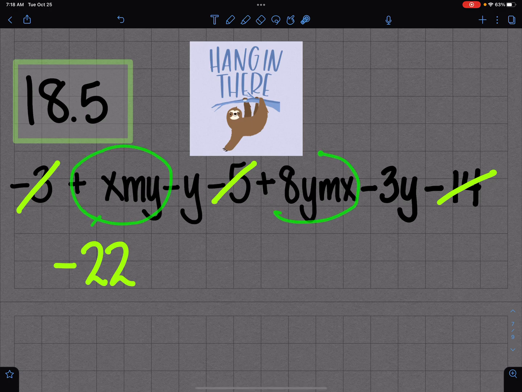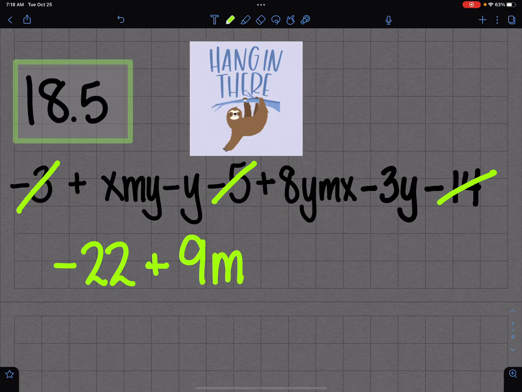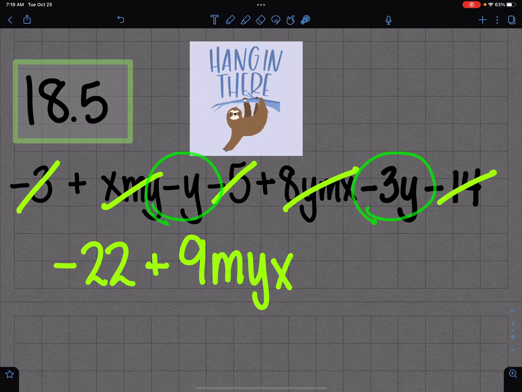Here's another xmy. So I just add the numerical coefficients, 8 plus a 1. So I've got plus 9myx. Cross that out. And then the last one is a -y and a -3y. So I know that's a -1. So -1 plus a -3 is going to be -4y.